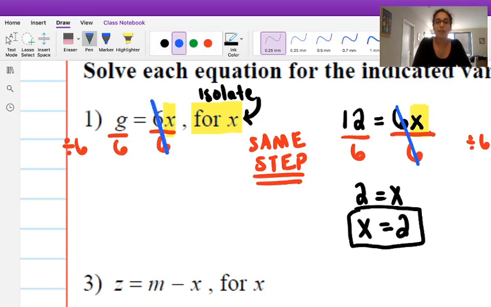But here's the thing. You cannot combine g and 6. What is g divided by 6? We don't know because we don't know what g is. So the final answer is just that. G over 6 is equal to x.